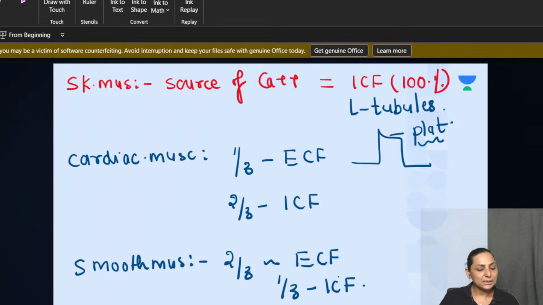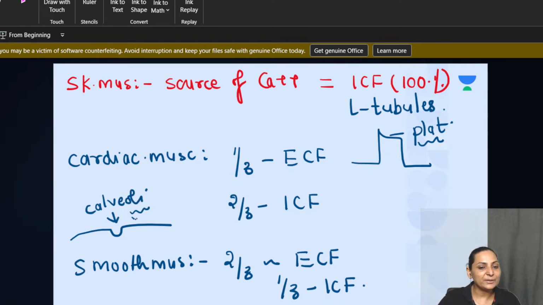What is the reason? The smooth muscles do not have an extensive sarcotubular system. What they show is, see, this is the smooth muscle, rudimentary T tubules which are called alveoli.